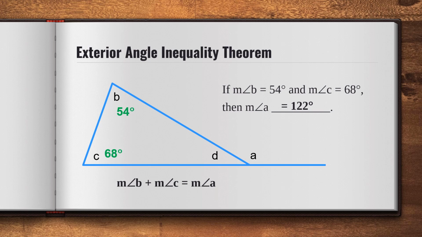Ngayon, paano pag tinanong din, how about the measure of angle D? Okay, since we have a straight line, okay, so meron tayong linear pair. That means the measure of angle A plus the measure of angle D will give us 180 degrees. Since alam na natin ang measurement ni angle A, okay, we could use the formula.